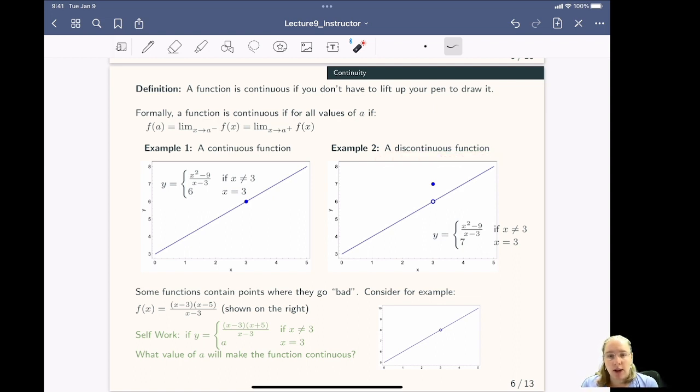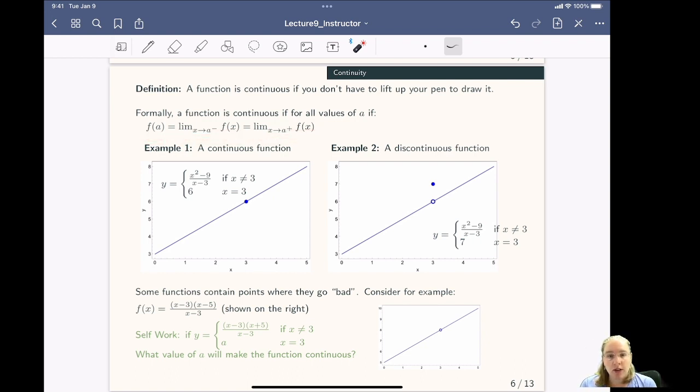Formally speaking, a function is continuous if the limit as x goes to a from the left-hand side and x goes to a from the right-hand side are the same thing. So if for every value on the x-axis, the limit as we approach from this side and this side are the same, then it is a continuous function. Otherwise, if we approach the limit from this side and this side, they are the same, but they do not equal the function itself. So you have to have that the left-hand limit and the right-hand limit equal the function.